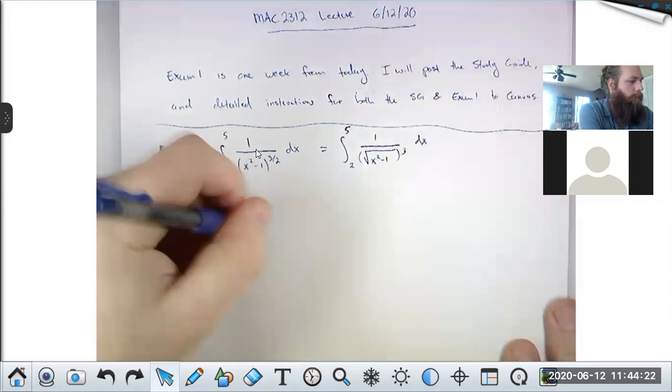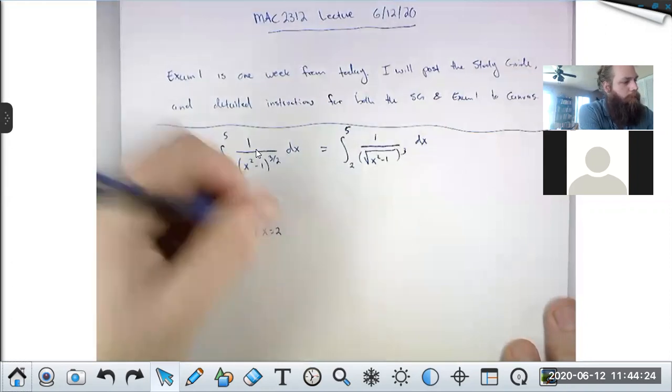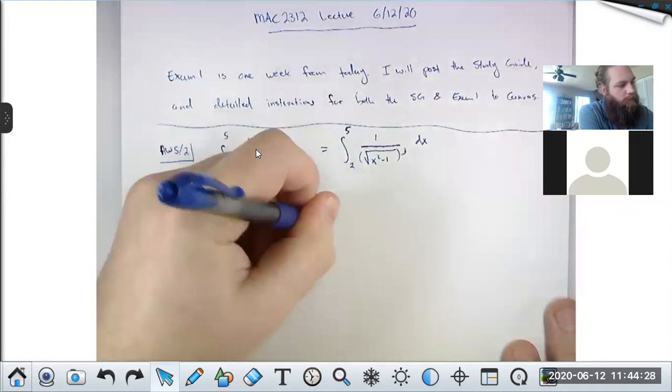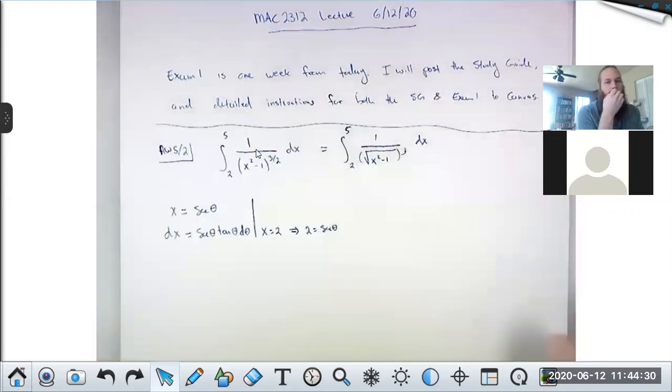When x is equal to 2, that means 2 is equal to secant theta. And while you might not remember the inverse secant of 2 off the top of your head, if you rewrite that in terms of cosine, that means cosine theta is 1/2. And the inverse cosine of 1/2 is something you should know.